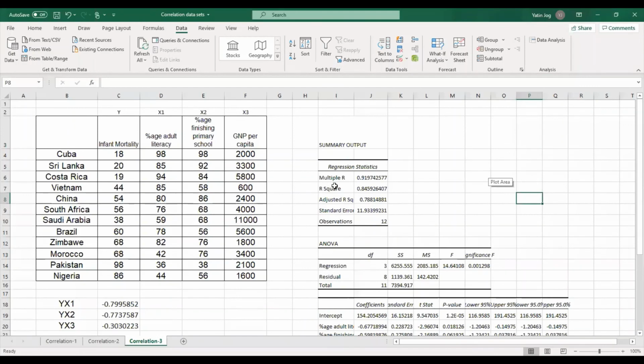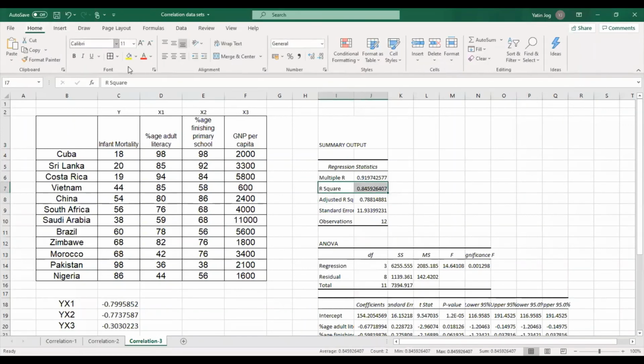Now from this output, look at the R square value. The R square value tells me about how strong my data model is. So what is my data model?